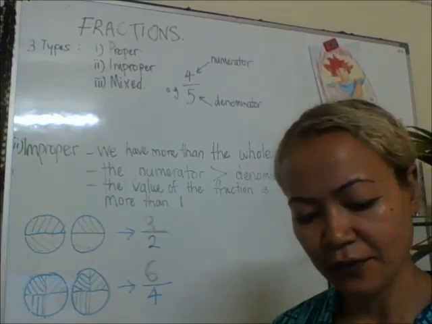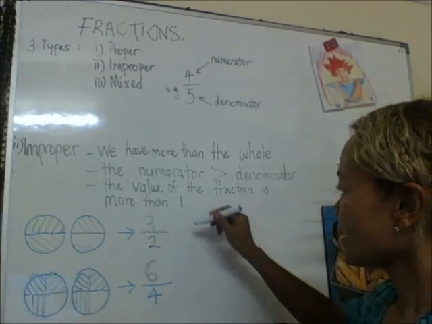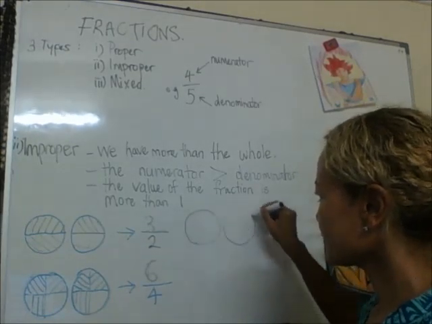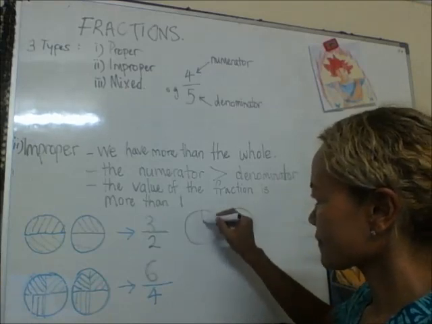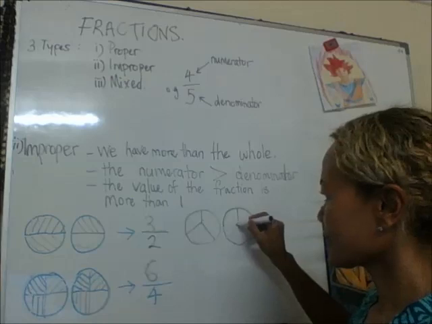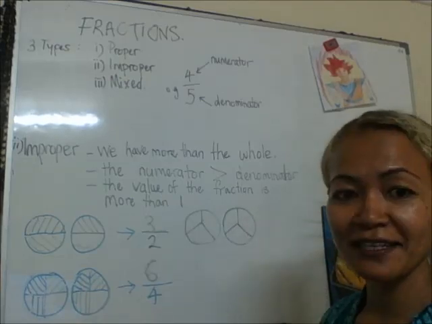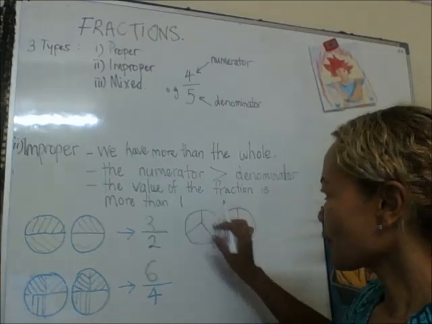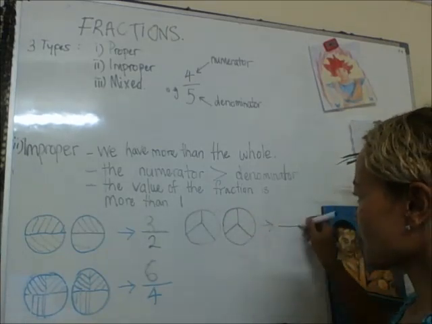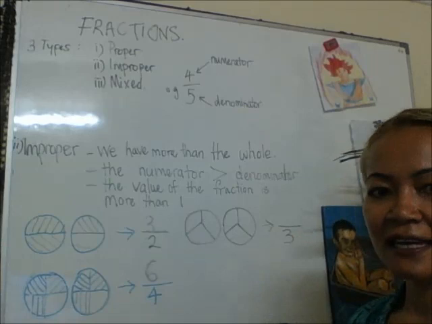If we were to go on, show another example. That's me trying to split it into 3 equal parts. So one whole is split into 3 possibles. So the denominator is 3.